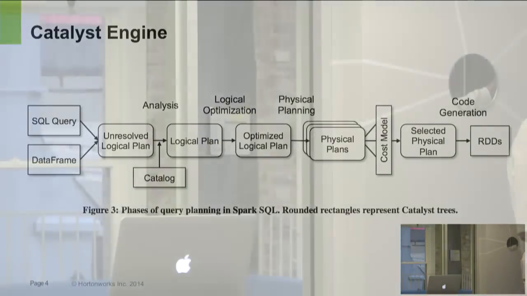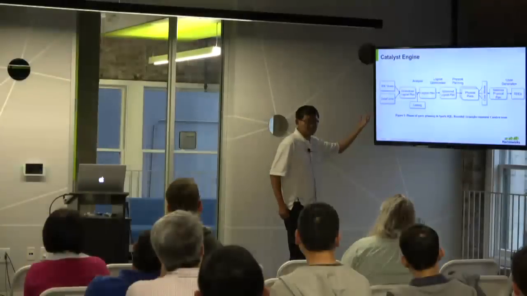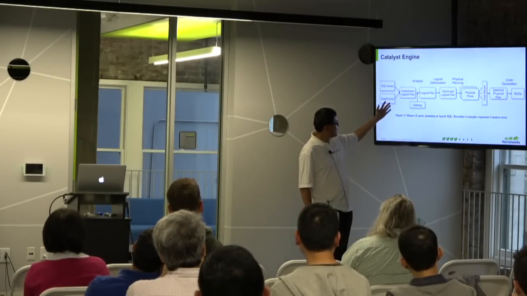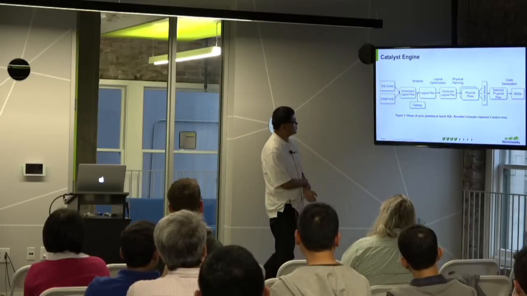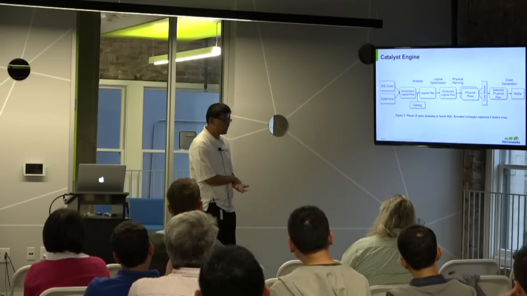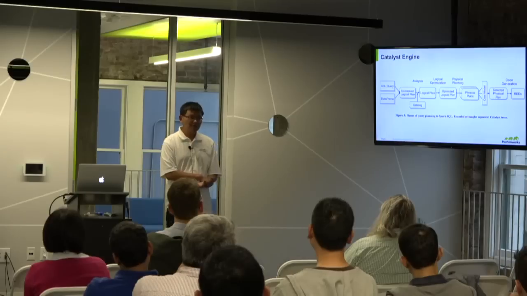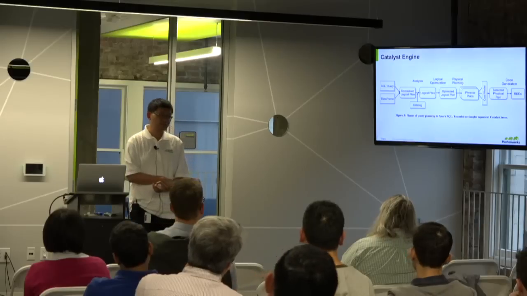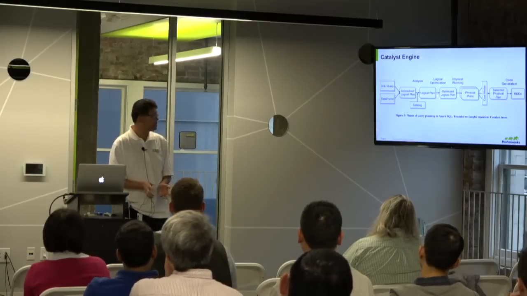Initially, you get the SQL query, select star from a table, or you use a DataFrame and filter something. You get the unresolved logical plan. What does unresolved plan mean? You select star from table1. What does this table1 mean? It's just a symbol, a string.